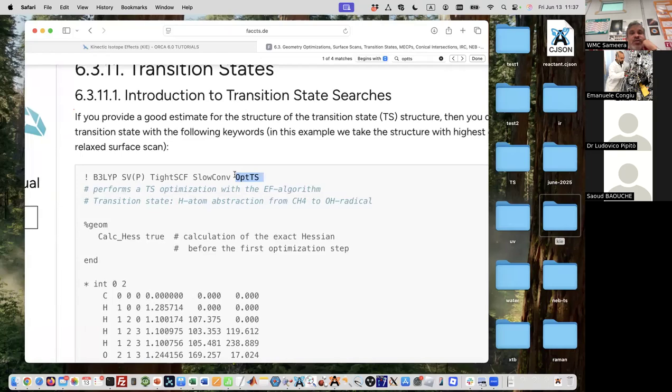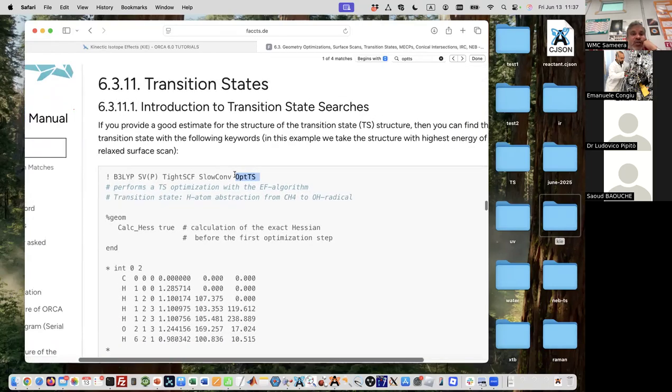So it can give you the transition state directly, and then using that transition state you can go for IRC calculation.